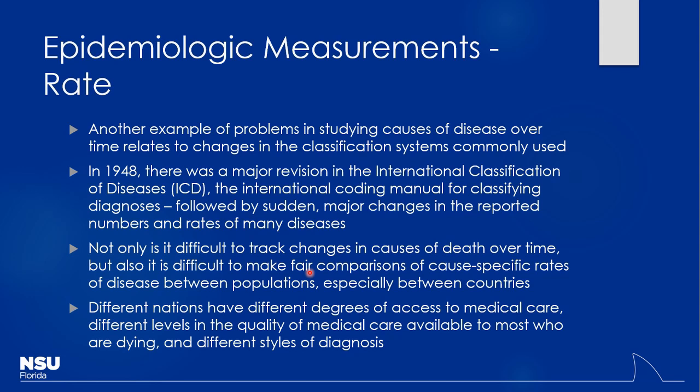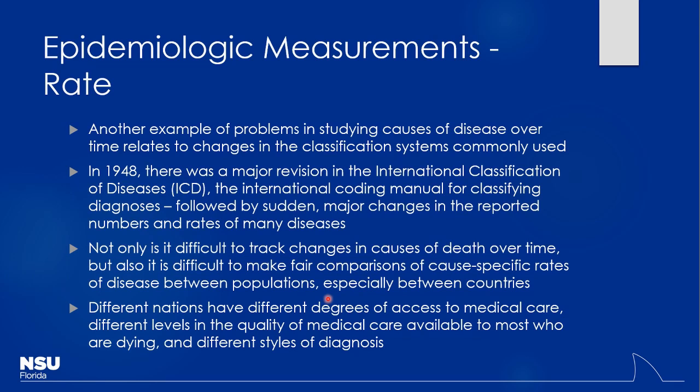It's really hard to make fair comparisons for cause-specific rates between populations, especially between two different countries, right? Because how they classify things may be totally different, how they diagnose things may be totally different, so it's hard to make comparisons between, say, an underdeveloped country versus a more developed country. So imagine, is it easier to diagnose, say, a PE here in the U.S. versus a third world developing country?